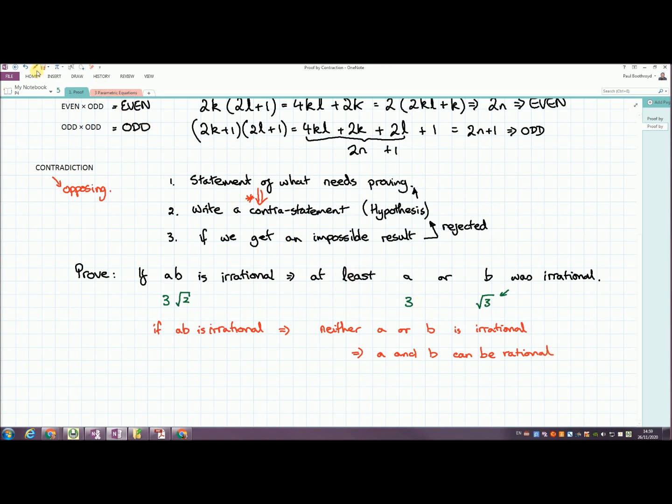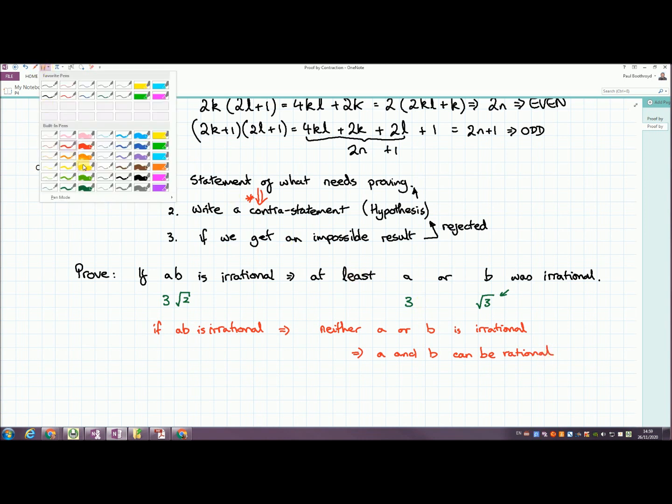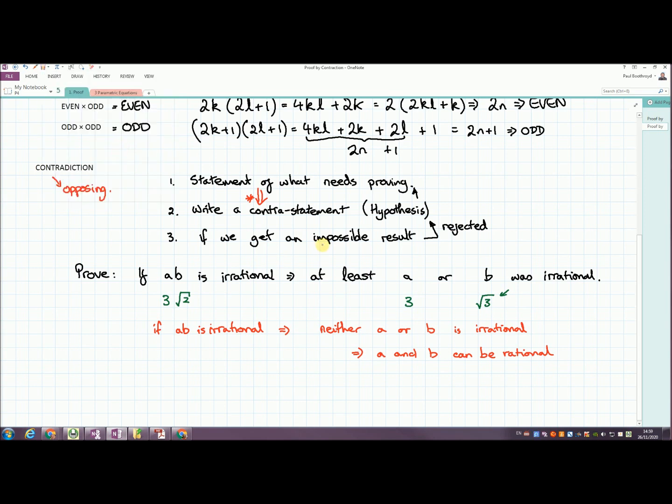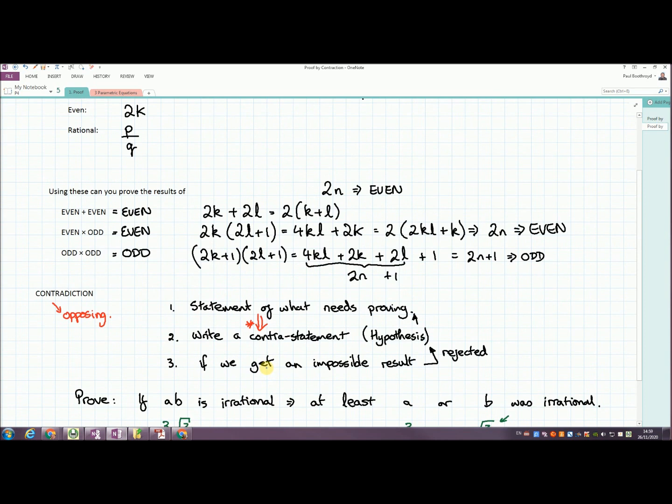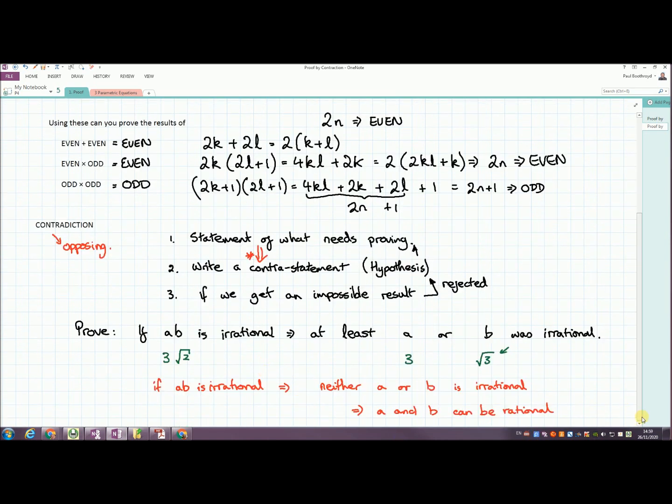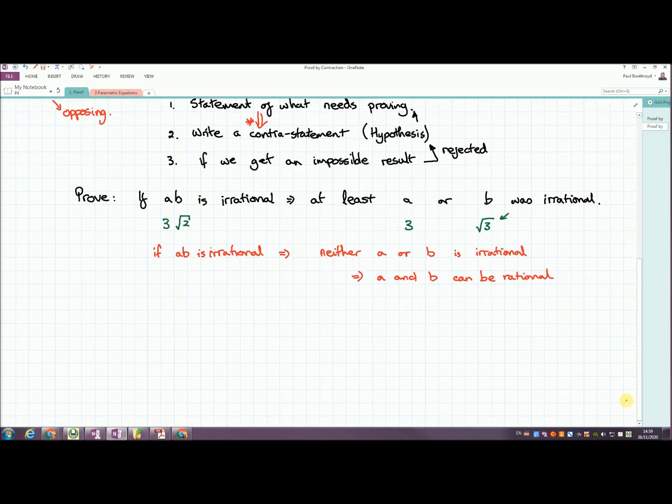So we now need to write some expressions for our two values. And this is where that list above was useful. So we've got rational p and q. So let's say let A equal p over q, let B equal r over s.